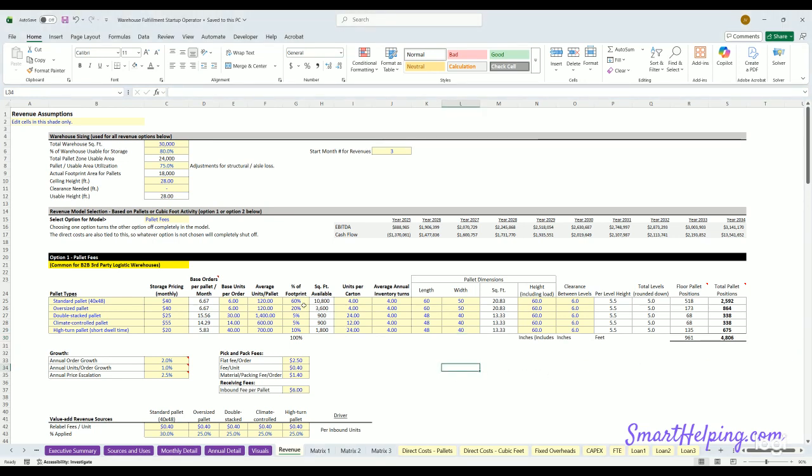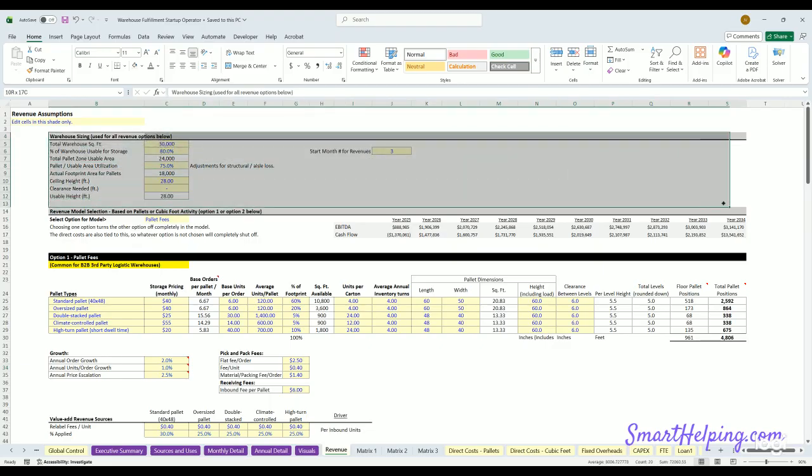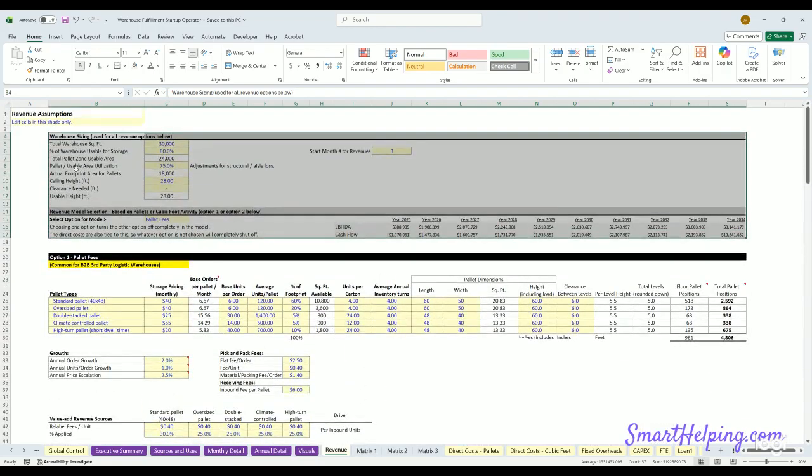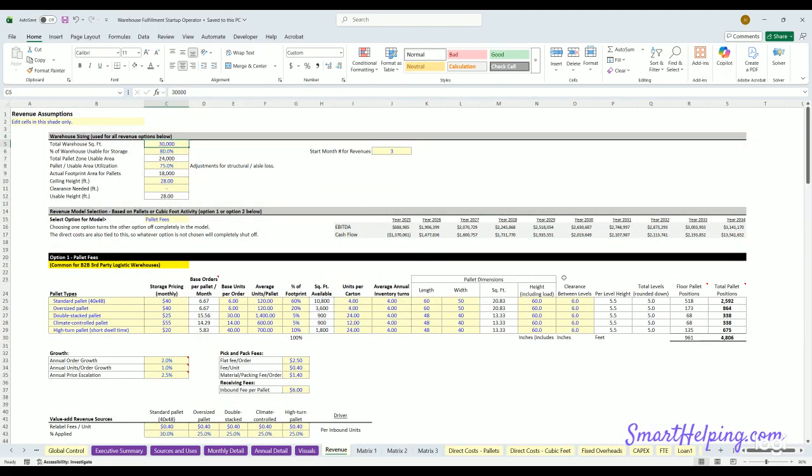So if we start on the revenue tab, we have this top section that's going to be relevant for the entire model. And then down here, we're going to have two different options, but I'll go through that. So top section, you just define the warehouse square foot, how much of that can be used for storage. That's your essentially usable area.